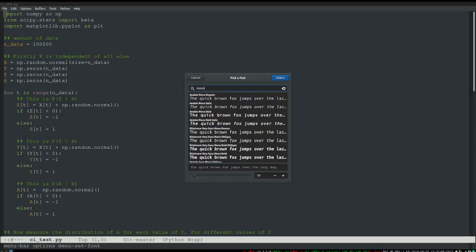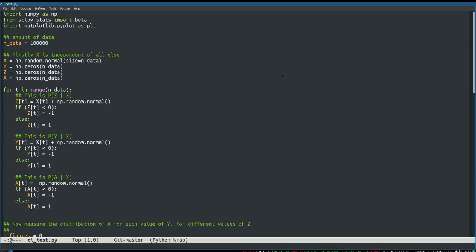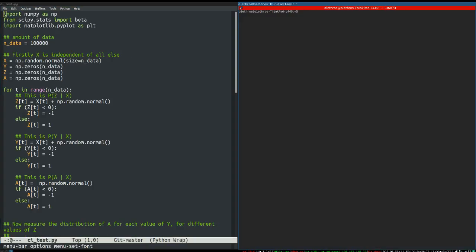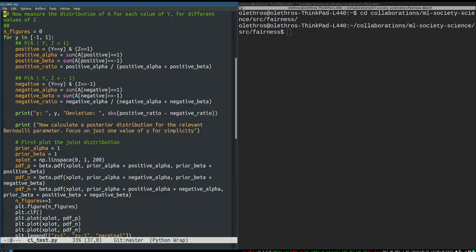That's better. Okay, so we have this data, right? And we can generate data in many different ways.